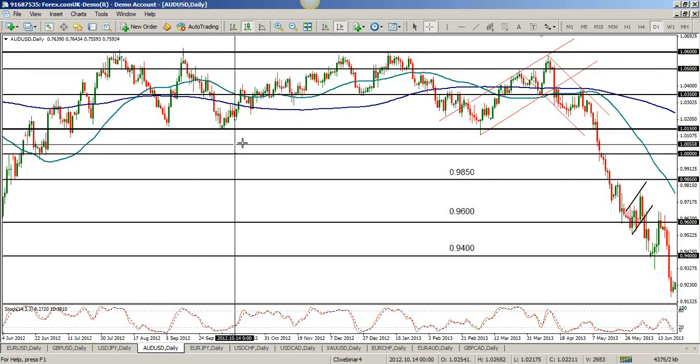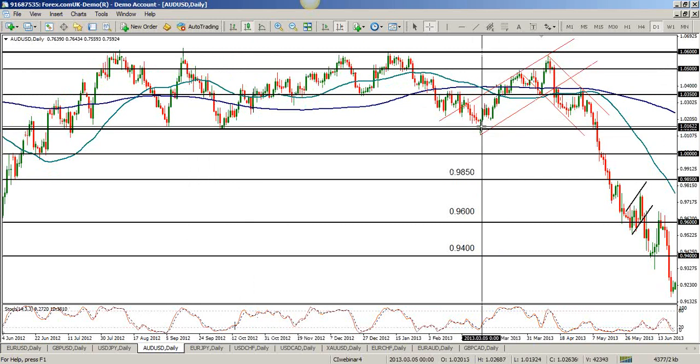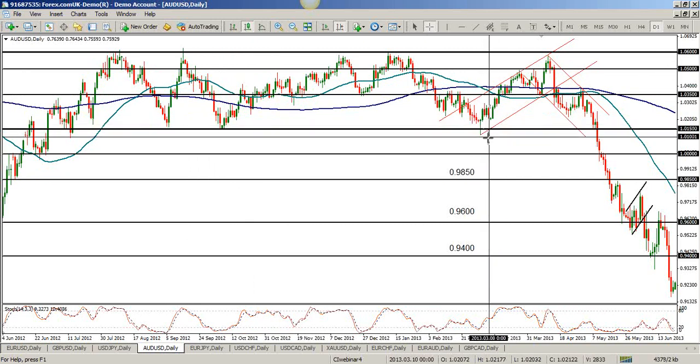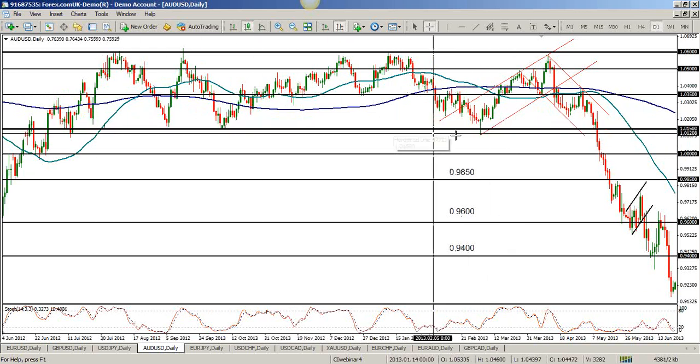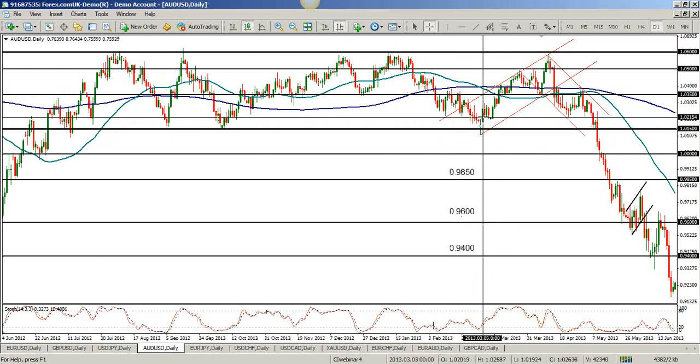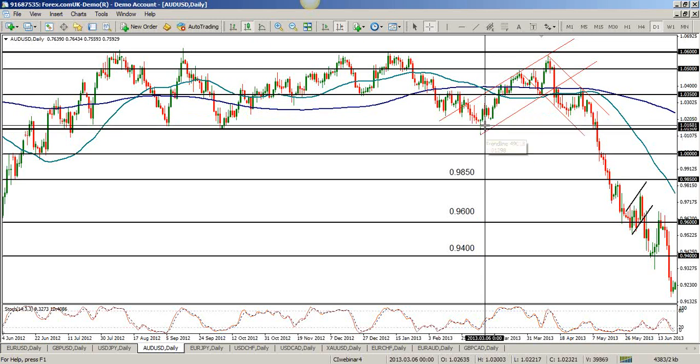So you could go short there, and then over here we see another example of a candlestick pattern that occurs right along support. We have strong support here, and a candlestick pattern shaped like a hammer candle, like I just showed you. Then it gets rejected and moves back to the upside.